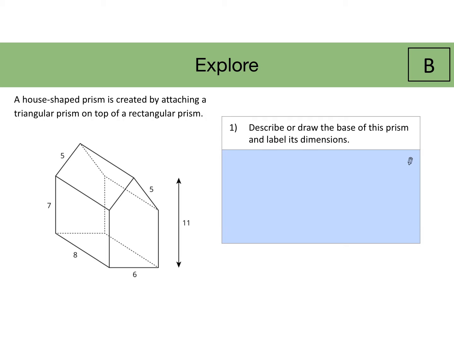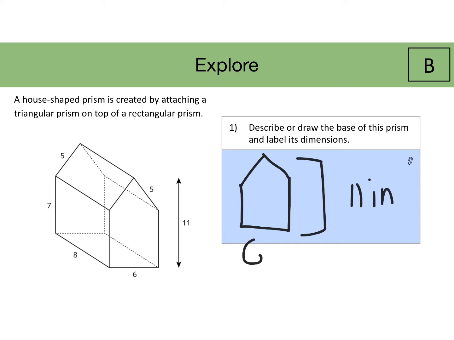Students should have finished discussing what the base is in the introduction, but if not, this is the place to make sure that they're drawing their base as this shape and that they're noticing that it is 11 inches tall and 6 inches wide.